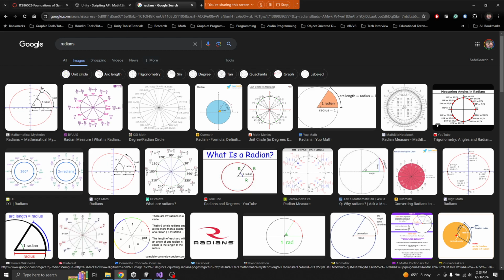How much does that cover of the circumference? And it's about 57.3 degrees. And if we see here, for a full rotation, it's 360 degrees, but it's only 2 pi in radians. But it's still a full circle, it's just 2 pi. If we take the radius and multiply it by 2 pi, that's how far the circumference is.